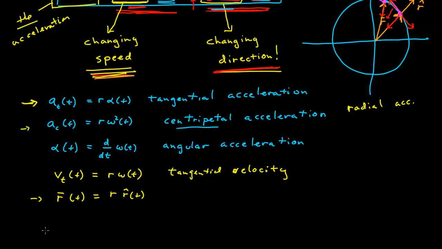And then the acceleration has both a radial and a tangential component. And the tangential component changes the speed while the radial component changes the direction. And now we have these relationships between the various components that we can use to solve these rotational motion problems.